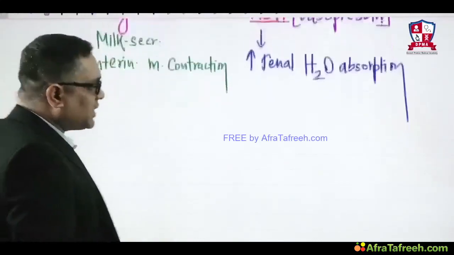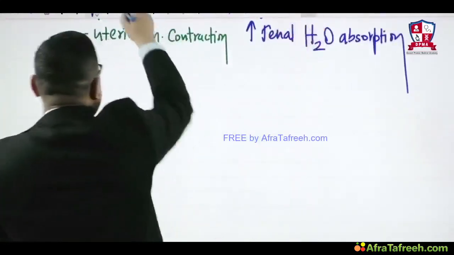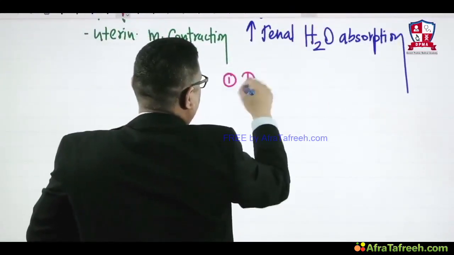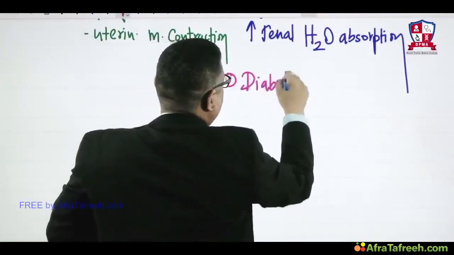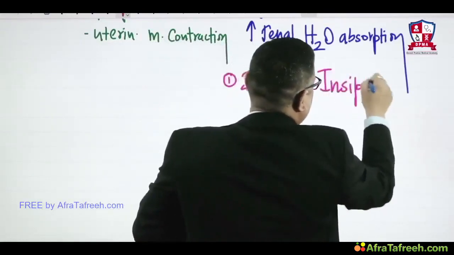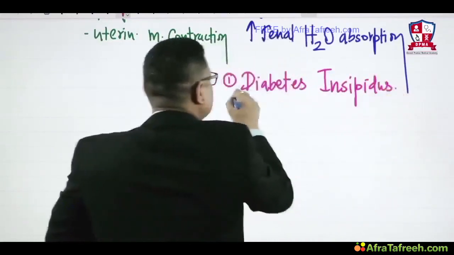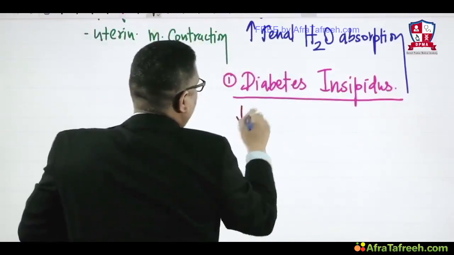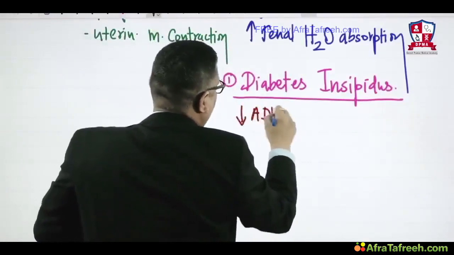But what happens in case of ADH deficiency? ADH deficiency is called diabetes insipidus. What happens in diabetes insipidus? As I said, in diabetes insipidus, there will be a decrease in ADH hormone, right?